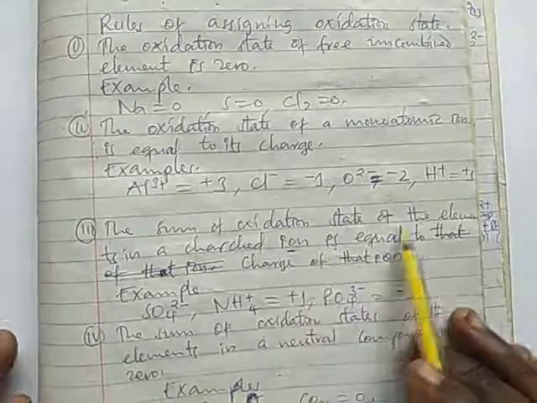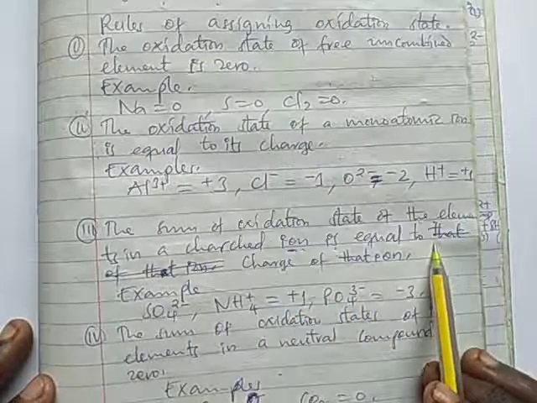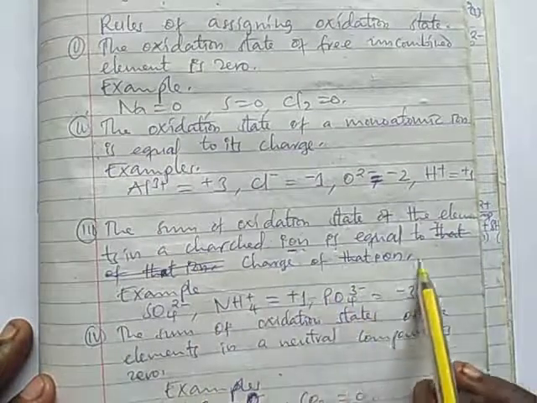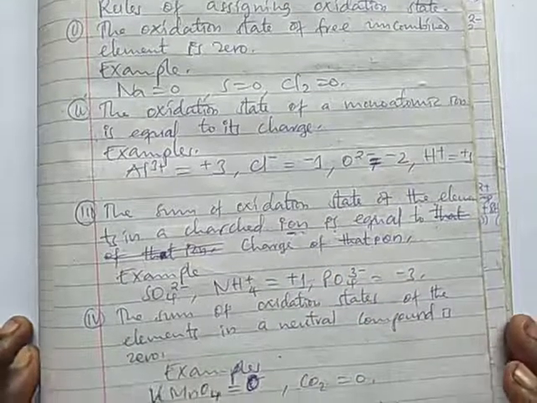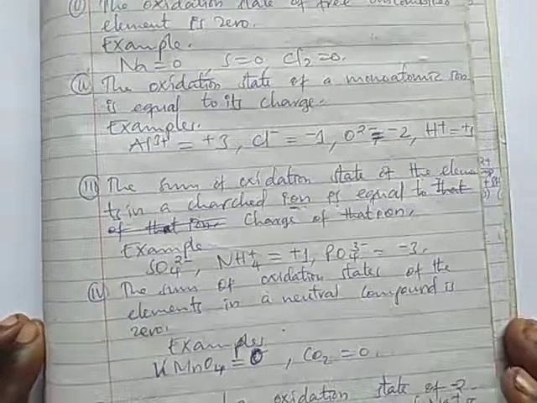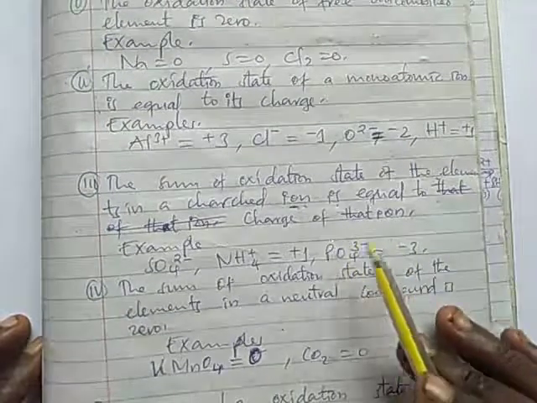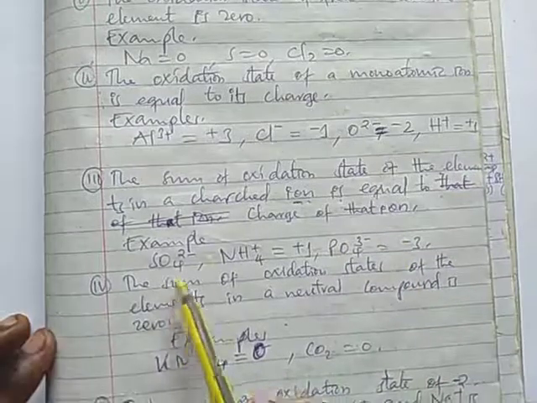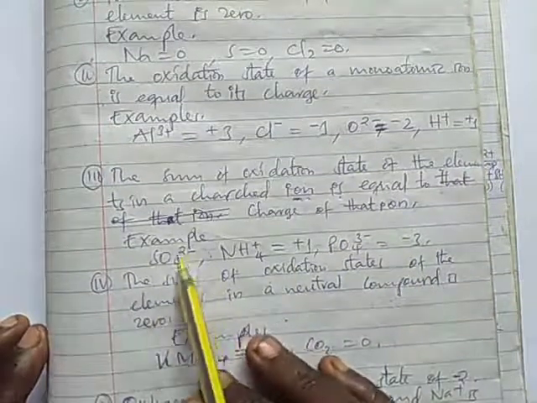So the sum of oxidation state of elements in a charged ion is equal to charge of that ion. Or in a charged radical. So for example, I think radical will be the best terminology rather than ion. For example, tukiwa tuna huyu hapa sulfate ion, ambaye sulfate ion are negative 2.